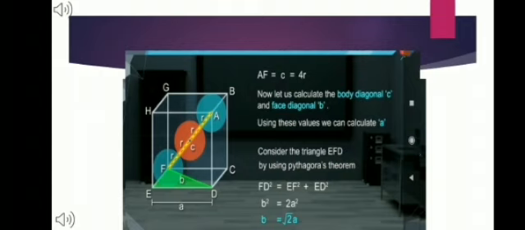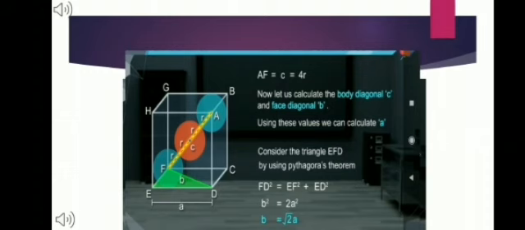Now FD is B. So B square equals 2A square. B equals square root of 2A. Now AF is equal to C and that is equal to 4R. Now B is equal to square root 2A.